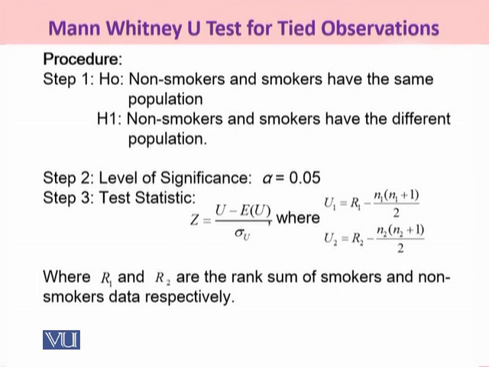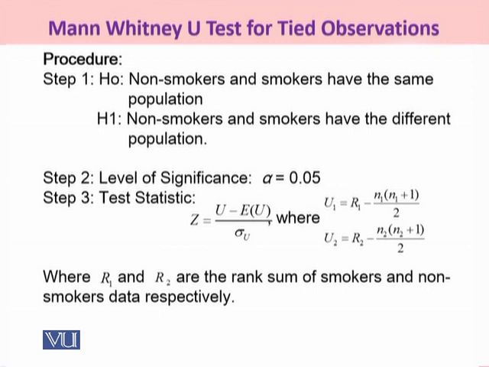So students, in order to carry out this kind of hypothesis test, the first thing we need to do is design the pair of hypotheses. Under H0, we would be testing that non-smokers and smokers have the same median life expectancy. Whereas under the alternative hypothesis, we are going to test that their median life expectancy is different.